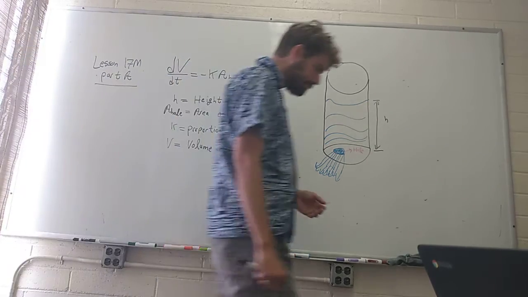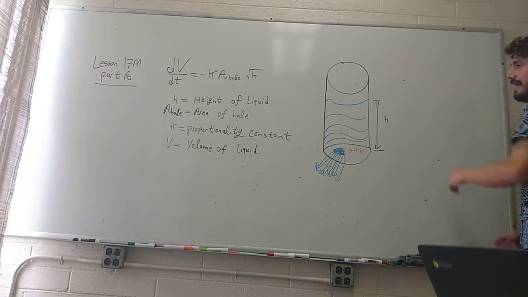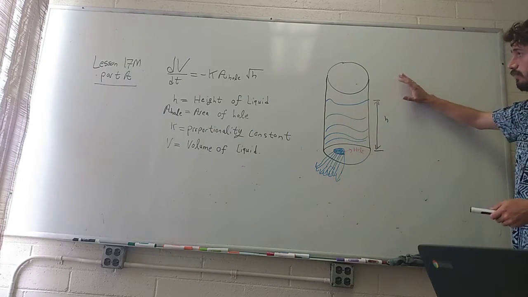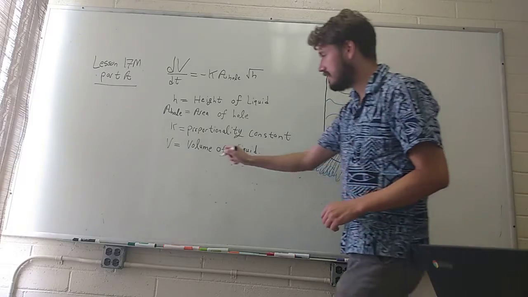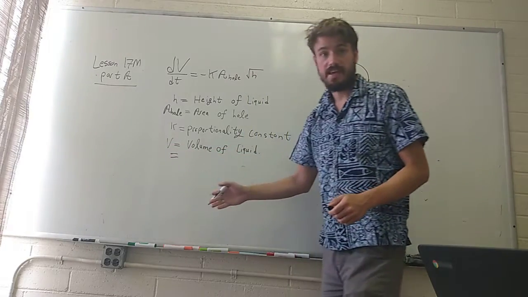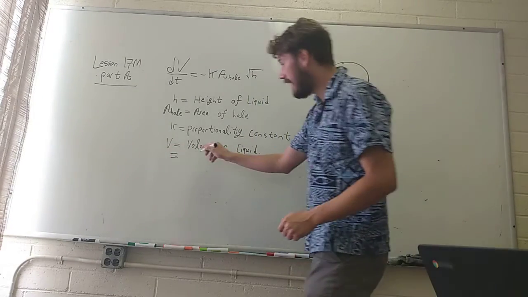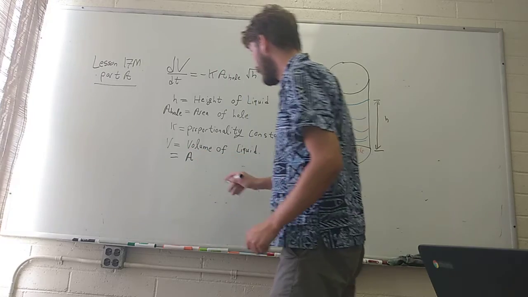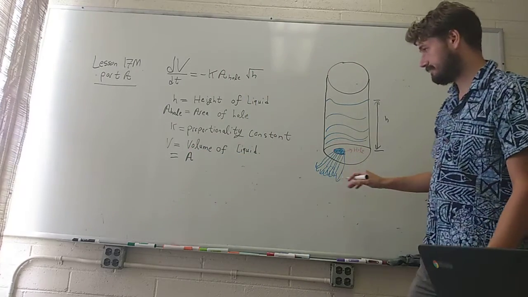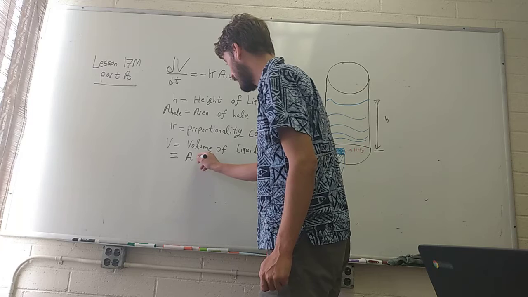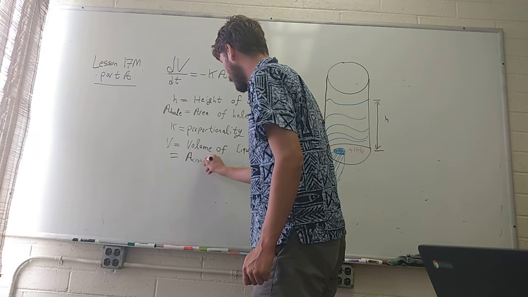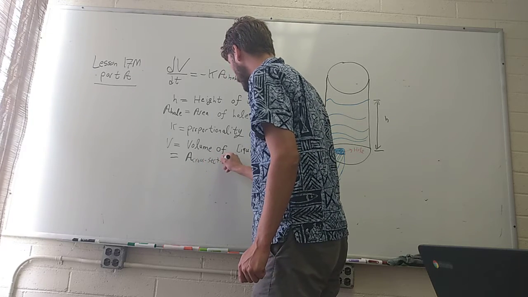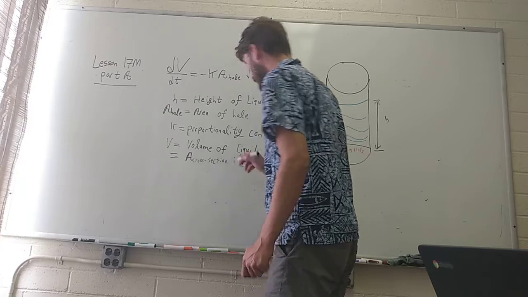Now, normally in a container, what you'll see is that this volume V is going to be equal to the area of the cross section times the height.